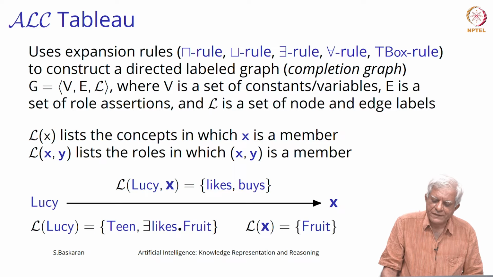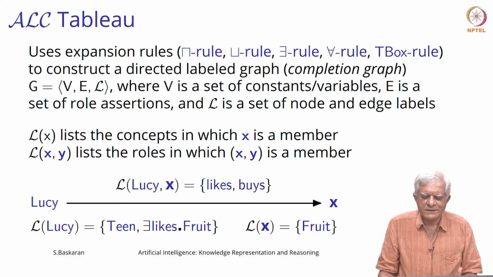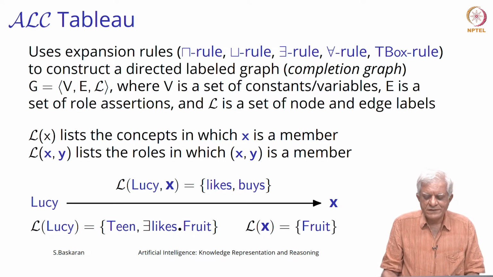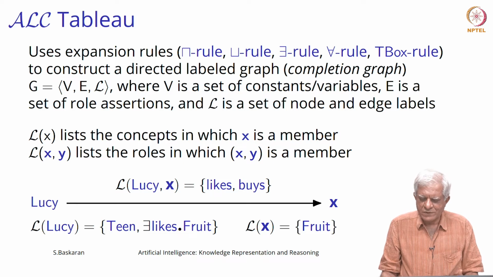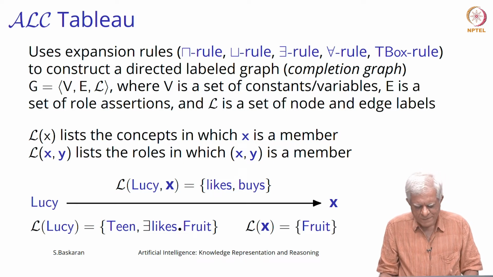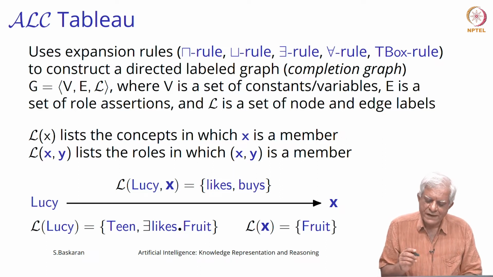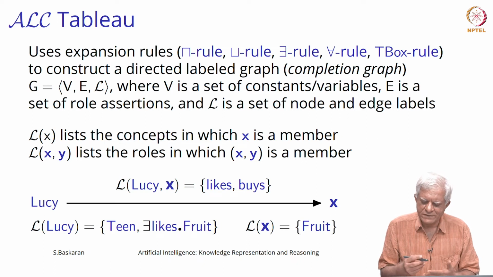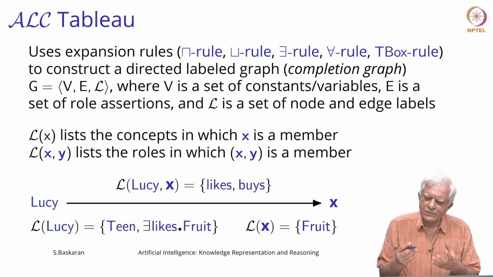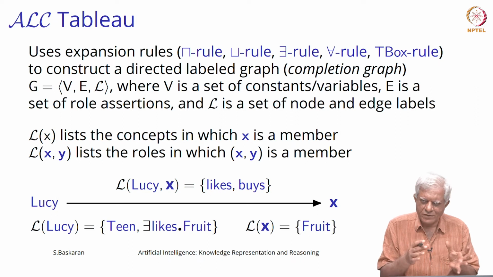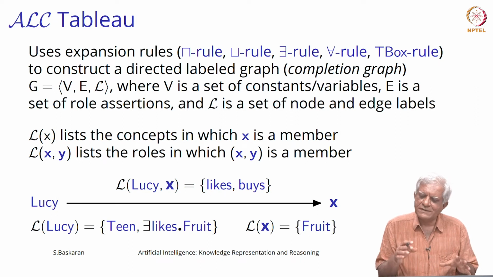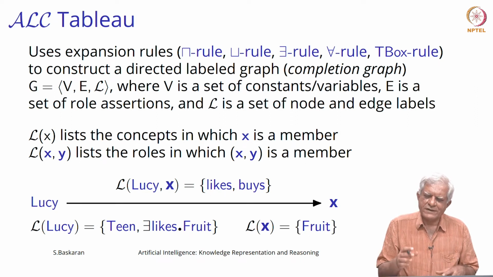Now, like the tableau method that we studied for propositional logic, the tableau method for description logic is similar, in that you have a set of expansion rules. You start off with a root node and then you keep applying these expansion rules. The root node will contain all the A box statements, and then you apply the expansion rules and try to show that there is a model.